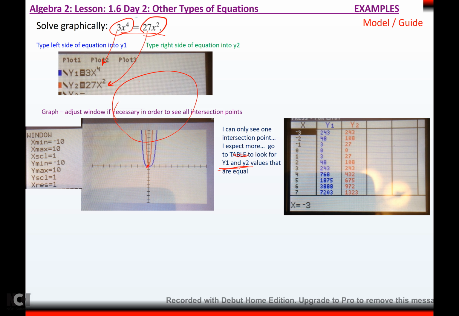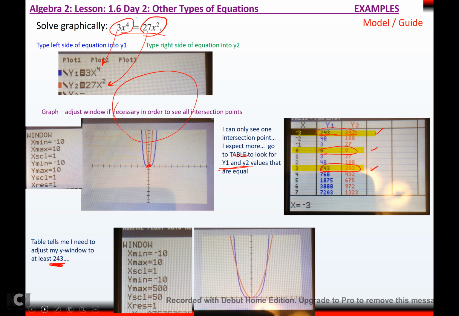That tells me that's where those two graphs are going to cross, which they're not crossing here until like 243. There's my 0, 0 that I could see. But I can see from the table now that they're going to cross at a y value of 243. That tells me I need to adjust my y window to at least 243.